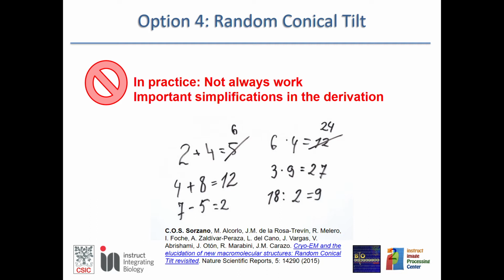Okay, so in practice that was not always working, and when we revised the math, what we discovered was that some very subtle details were not explicitly considered in the theory, specifically the shifts, and so the fact that the particles were not picked exactly at the middle.